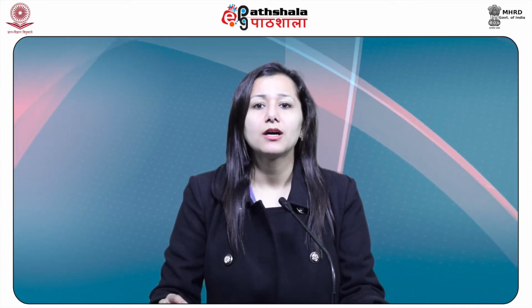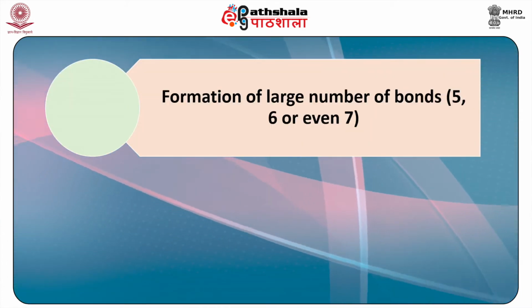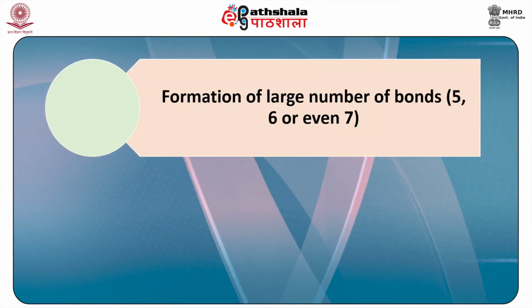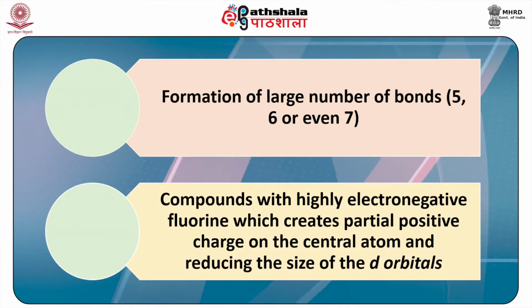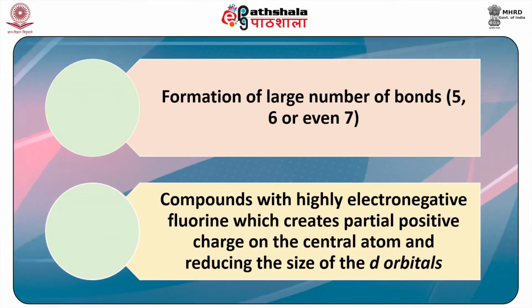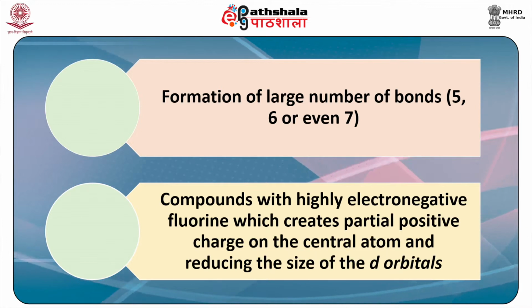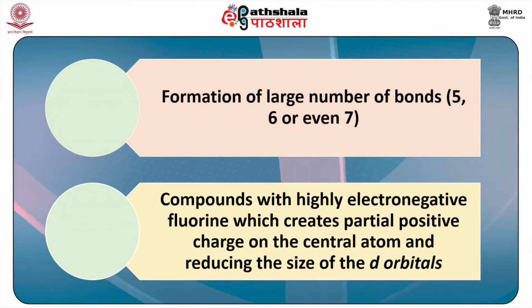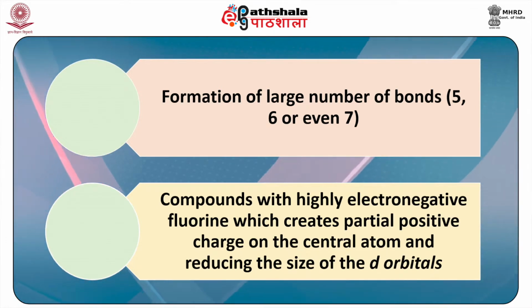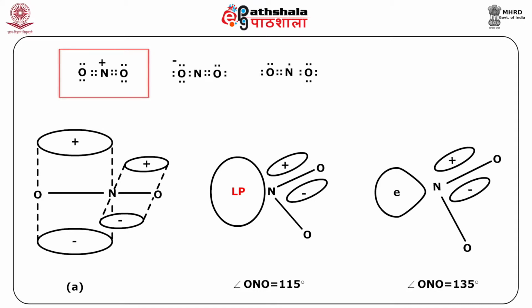Outer d electrons are used only in the case of formation of a larger number of bonds, 5, 6 or 7, in compounds with highly electronegative fluorine, which creates a partial positive charge on the central atom and reduces the size of the d orbitals. The figure shows the VSEPR pictures of the nitronium ion, NO2+, the nitrite ion, NO2-, and the free radical NO2.